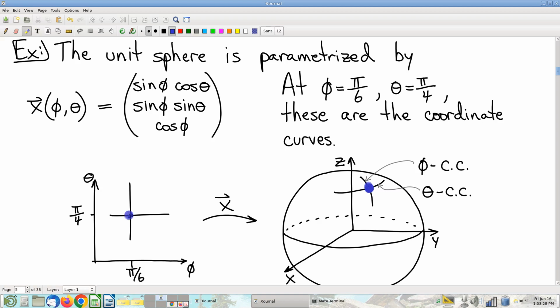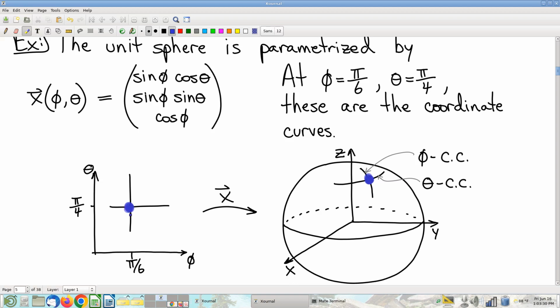That's the point where phi is equal to pi over 6, theta is equal to pi over 4. And what I'm going to do then is fix one of these parameters. Theta and phi are our parameters, and I'm going to fix one and then interpret the corresponding coordinate curve. That's a function of the other.